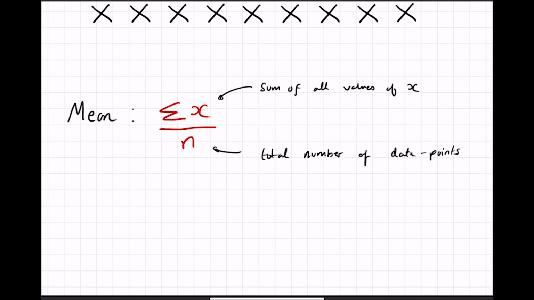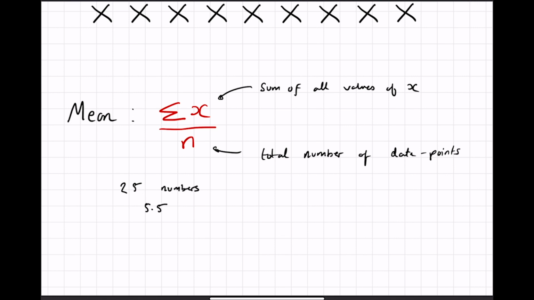Let's say I wanted to do a question based on this, a bit harder than just finding the basic mean from what we've done. Let's say I gave you a question where I said I had a sample of numbers, and from 25 numbers, I found that the mean of these 25 numbers was 5.5.